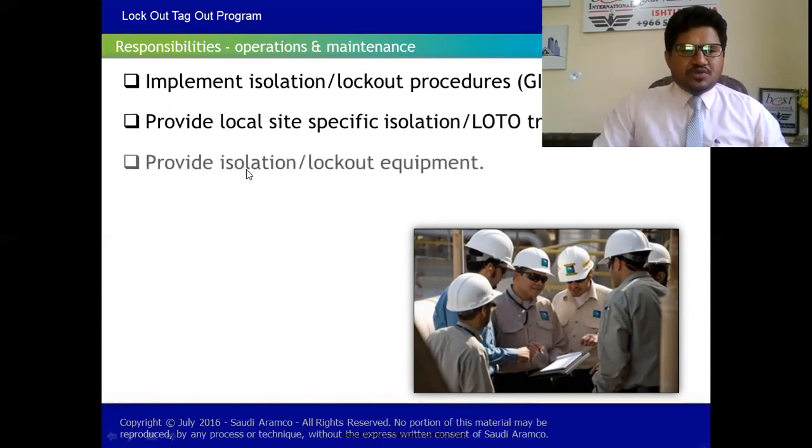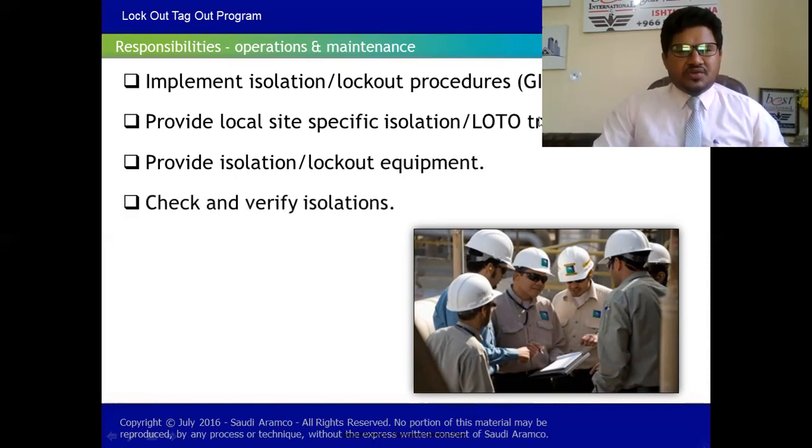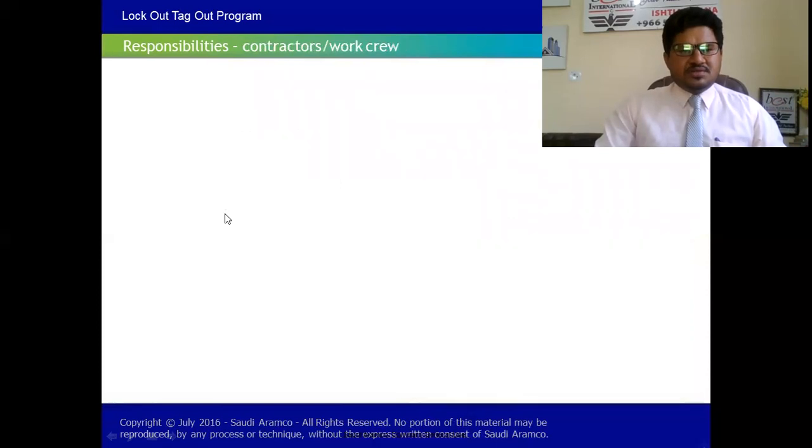That's also their responsibility. Provide isolation lockout equipment. So their major responsibilities are implementation, training, because without training, how can you implement, through procedures, through training, providing isolation lockout equipment, and also checking and verifying isolations. So: implementation, procedures, training, equipment, and checking and verification. These are the major responsibilities of operations and maintenance.